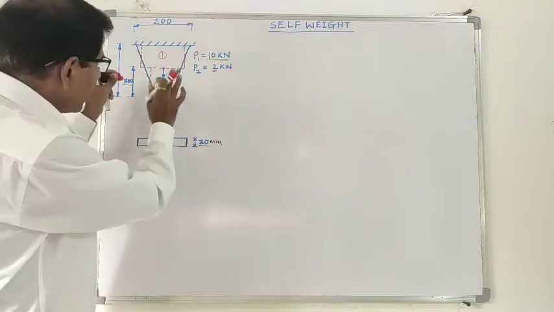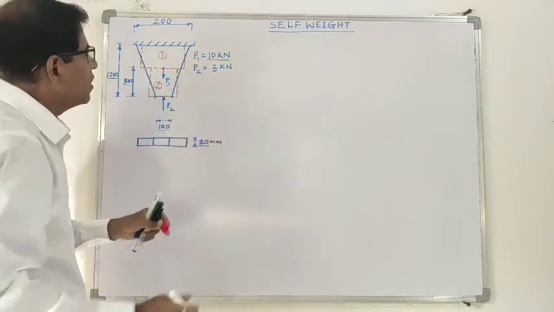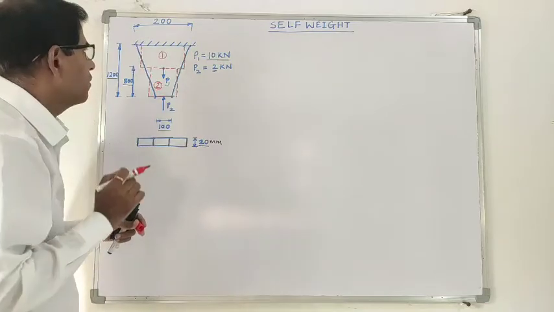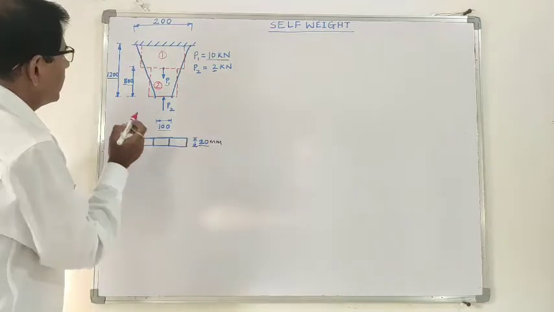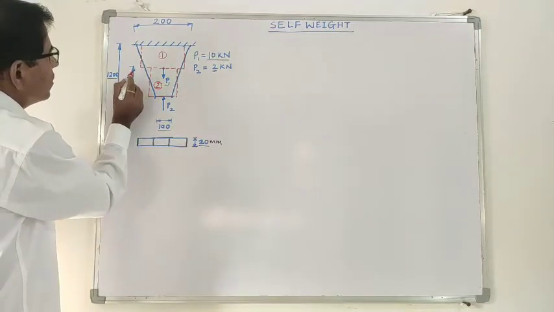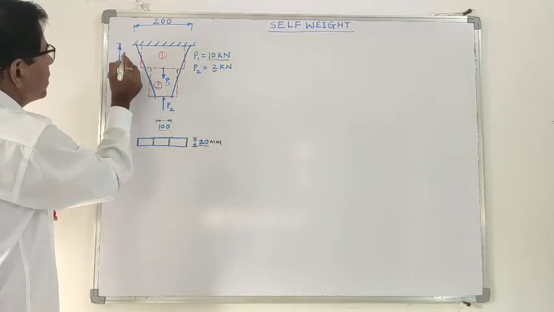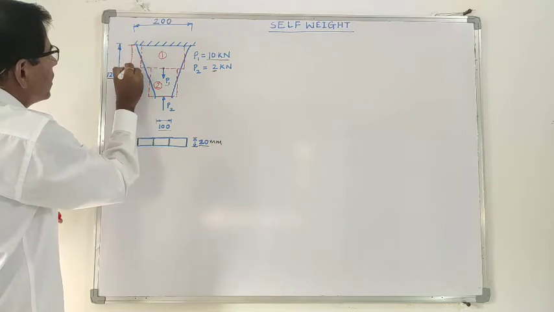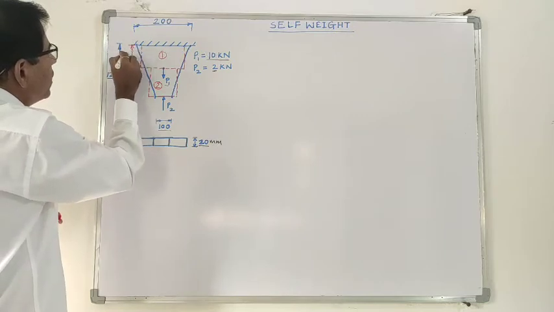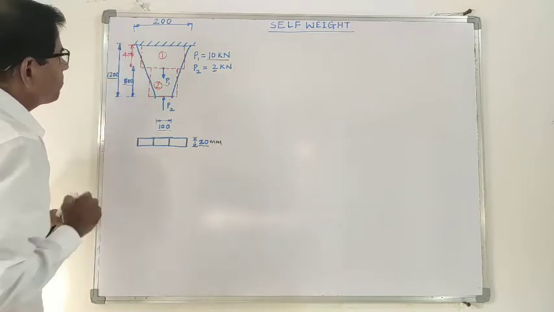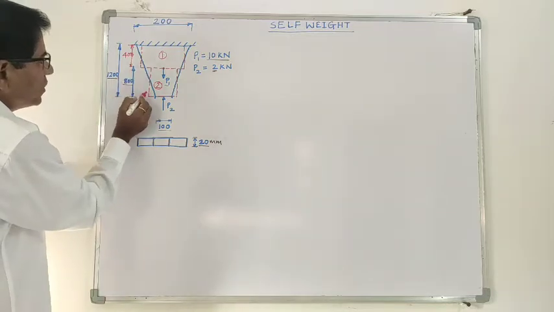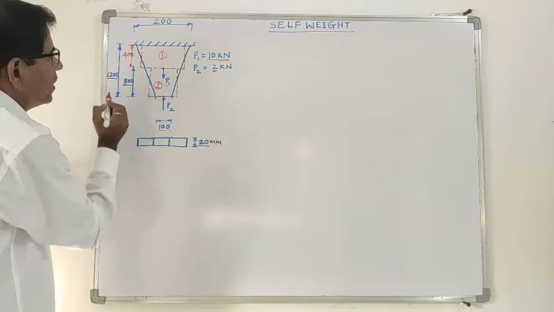Like that we approximately try to convert this wedge-shaped plate into a step shaft. Now here the length of step number 1 would be 1200 minus 800, so that means it will be 400. And the length of the second step would be 800 mm.